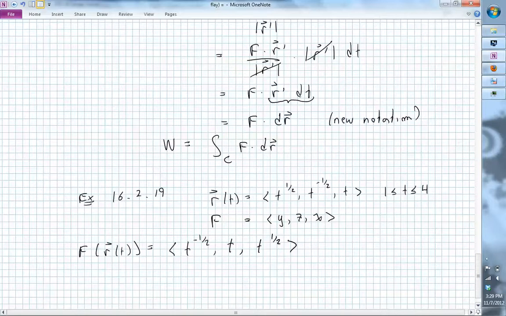Does everybody follow that? What we also need is r prime. That's just good old calc 1: 1/2 t to the minus 1/2, negative 1/2 t to the minus 3/2, and 1.